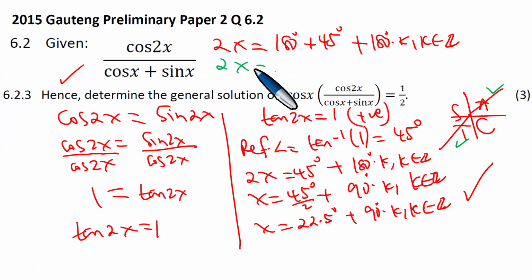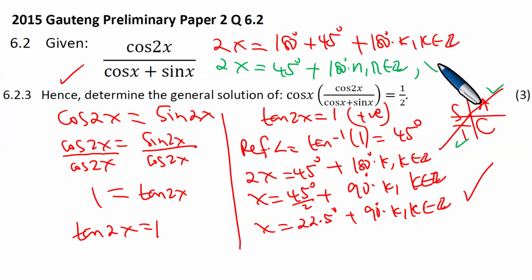Because now this is actually exactly 45 degrees plus 180. So this 180 plus 180 becomes 180 degrees by n in the integers. Divide through by 2, which means x is 22.5 plus 90 degrees by n in the integers.